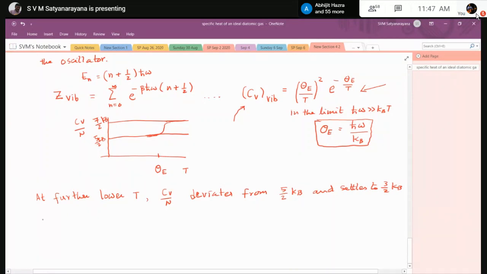This happens because at these temperatures the rotational degrees of freedom are frozen.